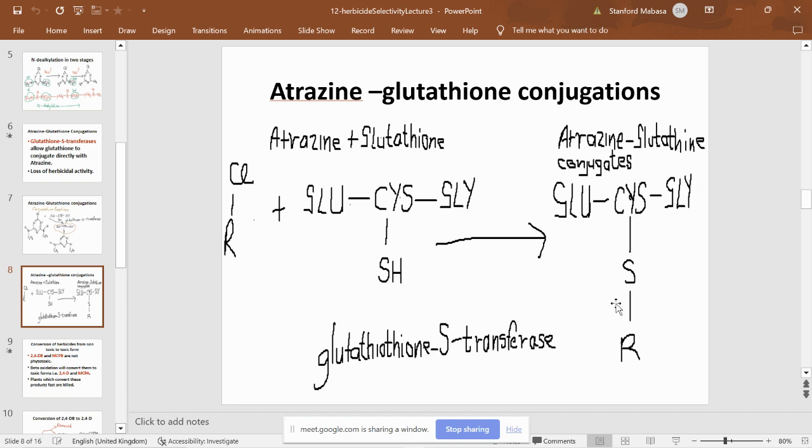Then we form this part where atrazine is now attached to this glutathione. And the glutathione S-transferase enzyme will facilitate this reaction, thus detoxifying atrazine. It could be within the maize plant.